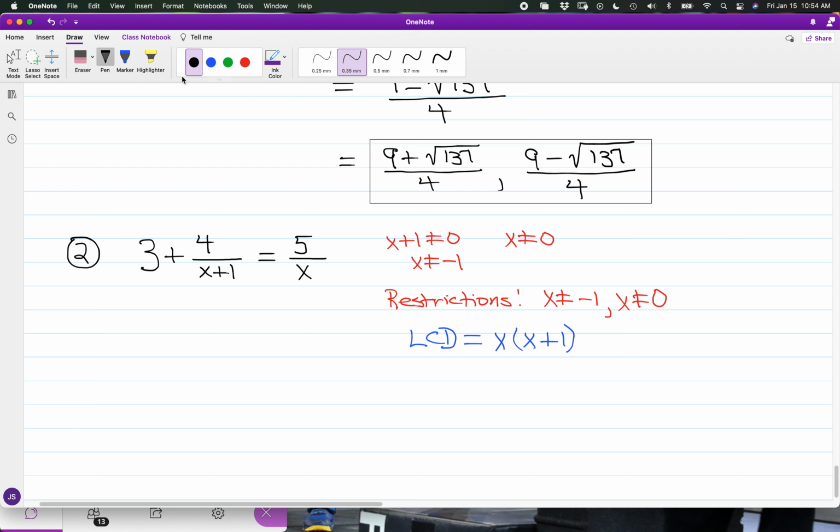So for 3, I have 3 times x times the quantity of x plus 1.